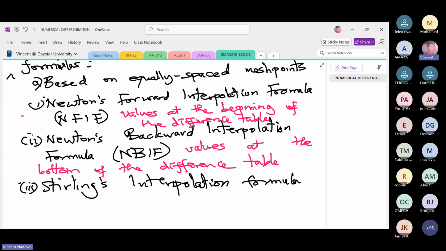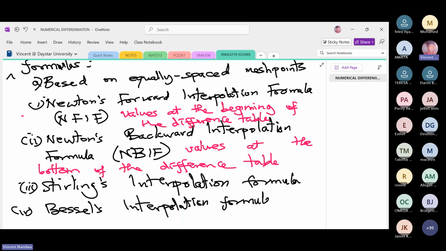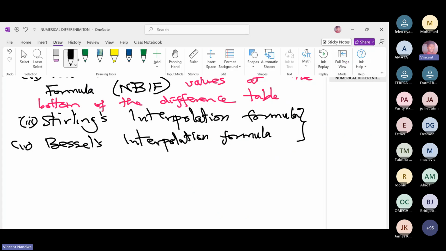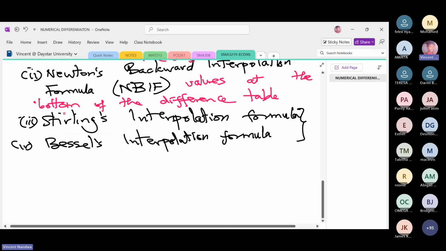There's also what we call Bessel's interpolation formula. There's also Everett's formula, which may also be applied here. So these will be applied for equally spaced mesh points for values near the middle of the difference table.